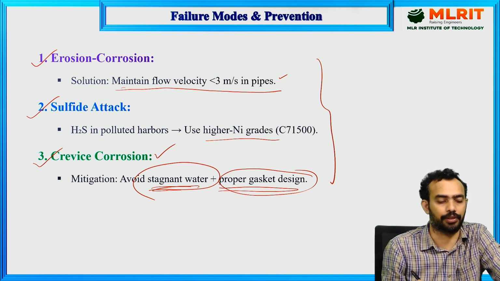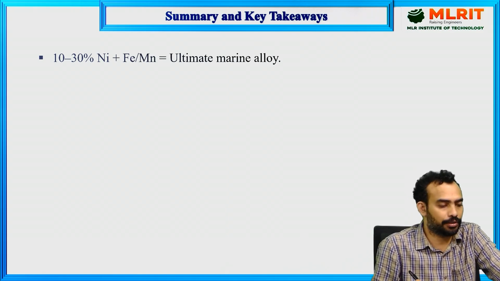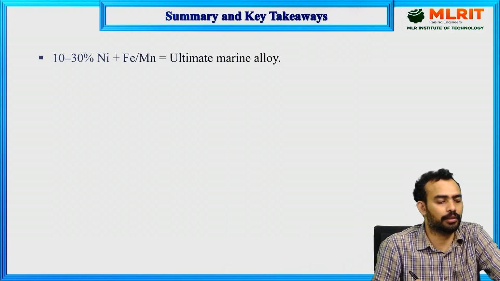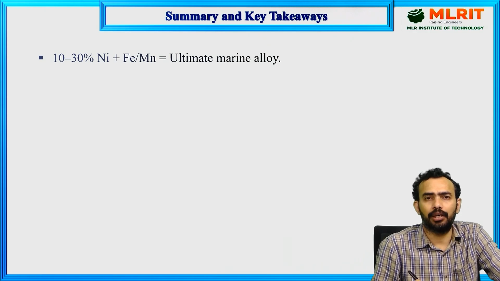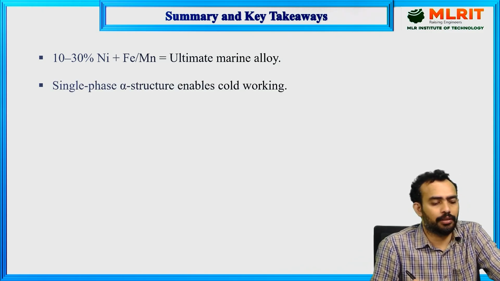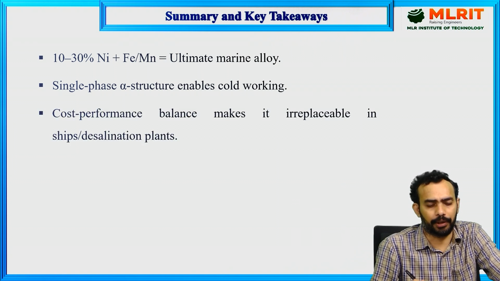Then if you look at the summary, the key takeaways. In cupronickel, nickel is added at 10 to 30%. In addition, we are also adding iron and manganese, which gives us the ultimate marine alloy. In the microstructure, we can see a single phase alpha structure, which enables cold working strengthening mechanisms.